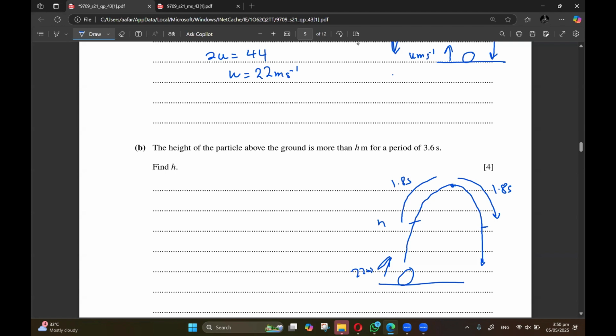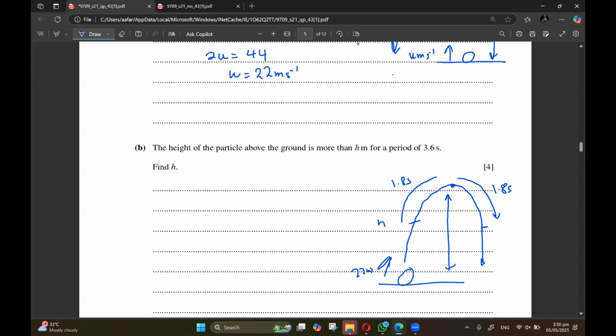So to find h, we can find the time it takes to reach maximum height, and from that we subtract 1.8 to find the time it takes to reach h.